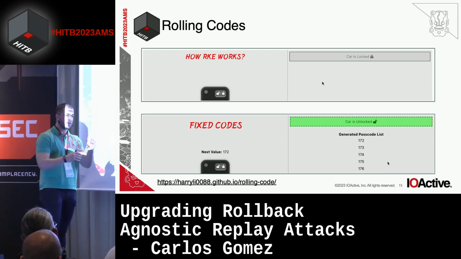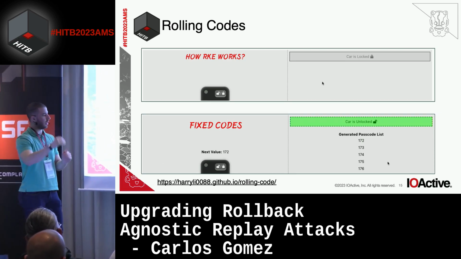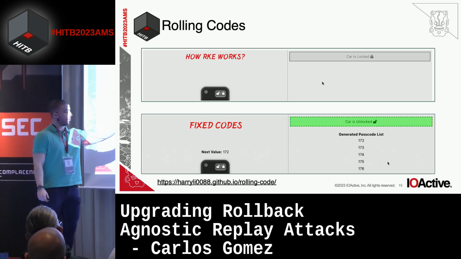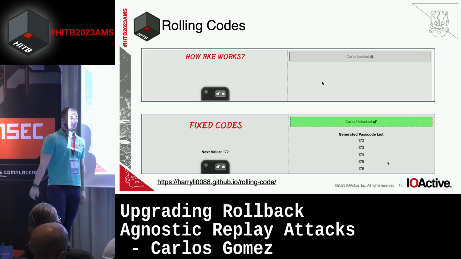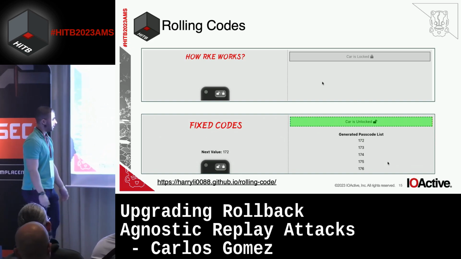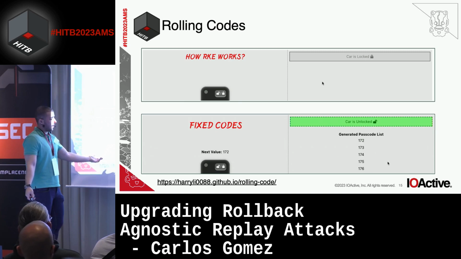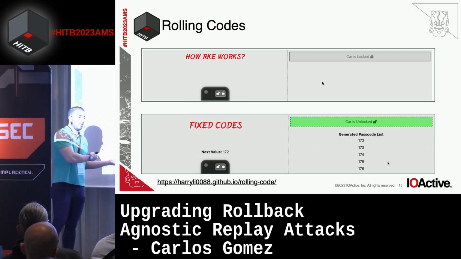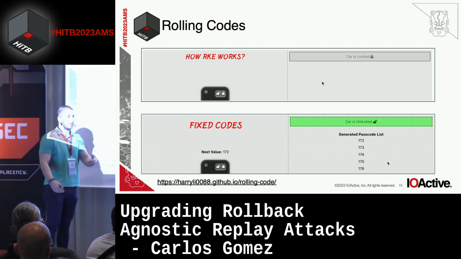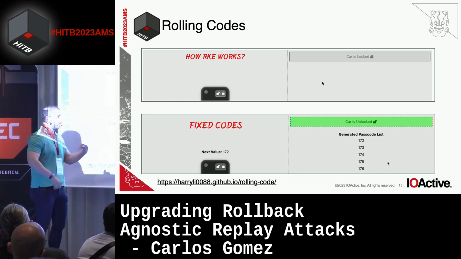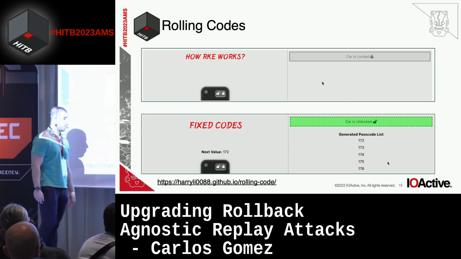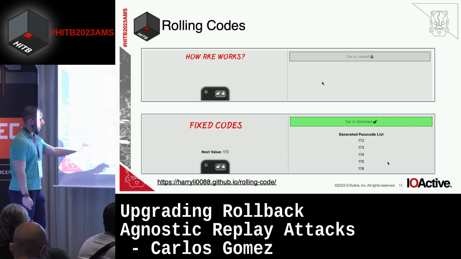Imagine a whitelist. If the code is in the whitelist, the car is going to be unlocked or locked, depending on the action that the key fob is sending. And as you can think, it's really easy to hack this type of car, because if you grab the signals and in the future replay them, you are going to open the car without any security measure.